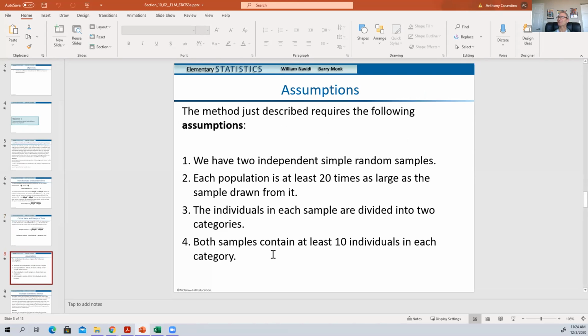And both samples must have at least 10 in each category. And so all that needs to be true to be able to, again, do the confidence interval the way that we're going to describe. And obviously, we're going to make these true so you could actually do these calculations.